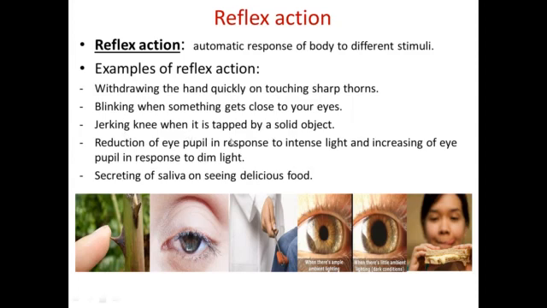Jerking the knee means moving your knee when it is hit by a solid object. Reduction of the eye pupil when it is exposed to intense light, and increasing the eye pupil when it is exposed to dim or faint light. Also, secreting saliva on seeing delicious food.